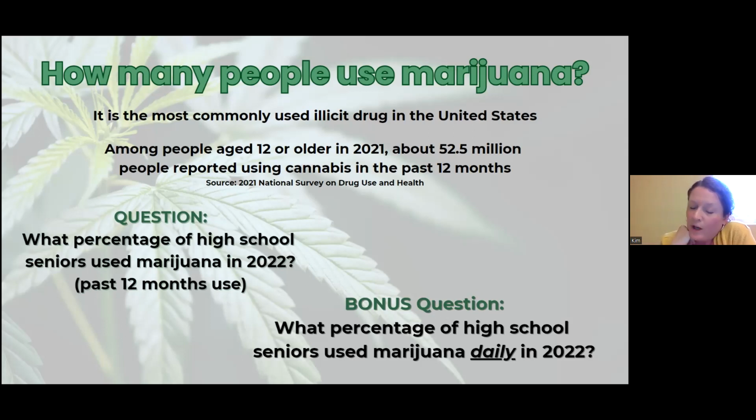They asked people 12 years old and older, and about 52.5 million people reported using cannabis in the last 12 months. There are some additional statistics that would lead me to believe that number is much higher. And again, it's always that question of when it was actually asked. The results are coming out in 2021, but the questions were asked in 2020.